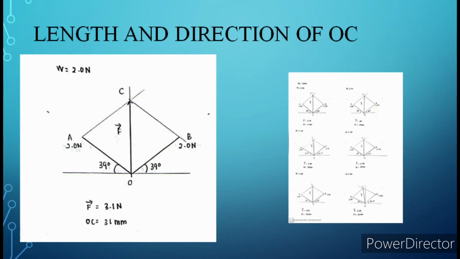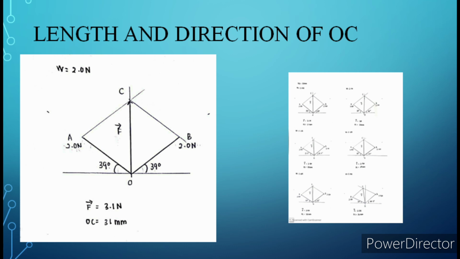Then you can see the length and direction of OC. There are two angles, the left side and the right side. The left side is theta 1 and the right side is theta 2. These are actually the new theta, where we take 90 degrees minus theta 1 on the left side, and 90 degrees minus theta 2 on the right side.